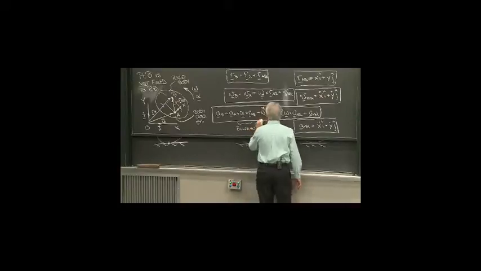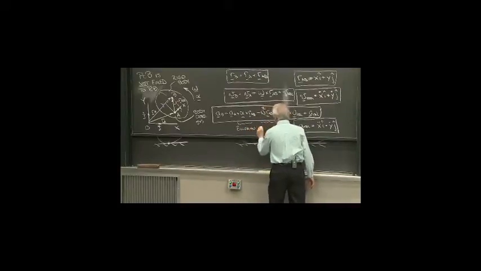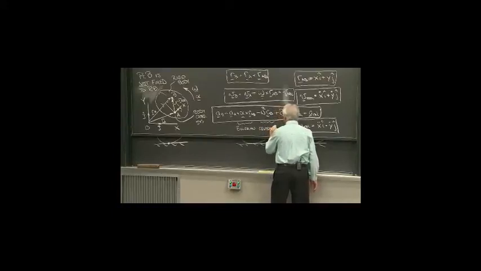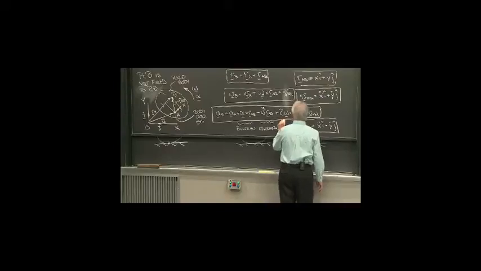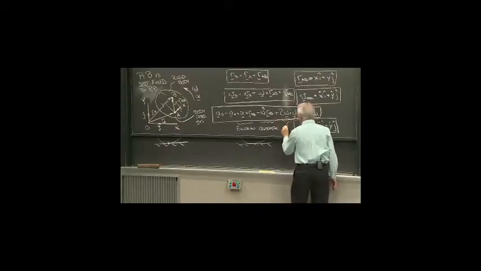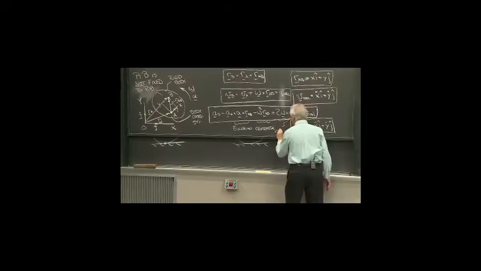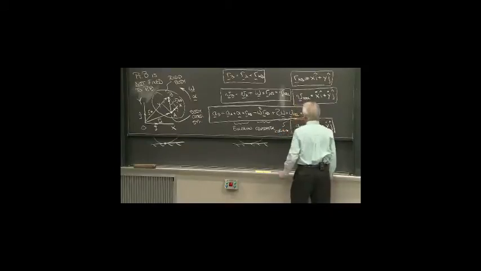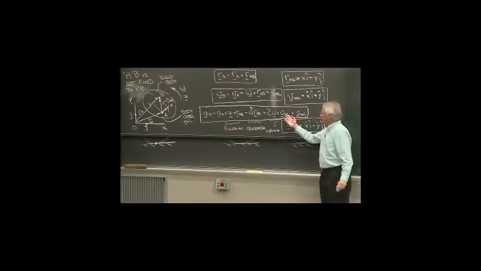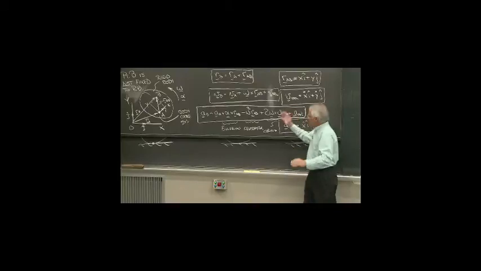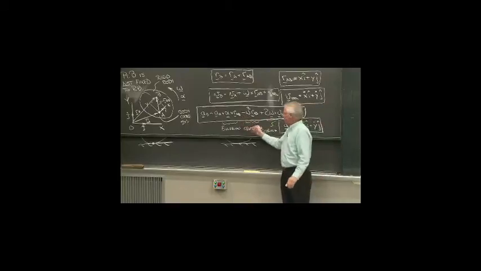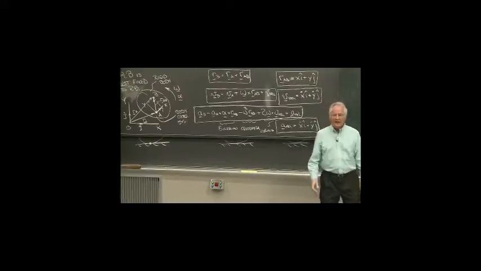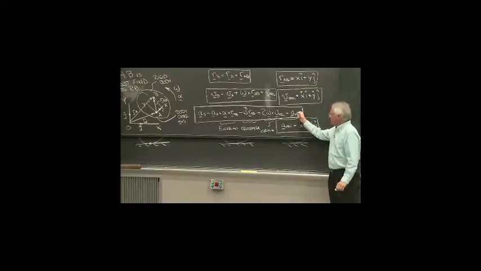This one, the centripetal. And this one, the Coriolis. Okay, so this is the Eulerian, this is the centripetal, and this is the Coriolis.